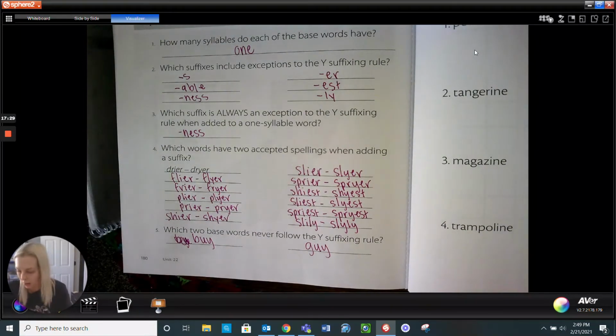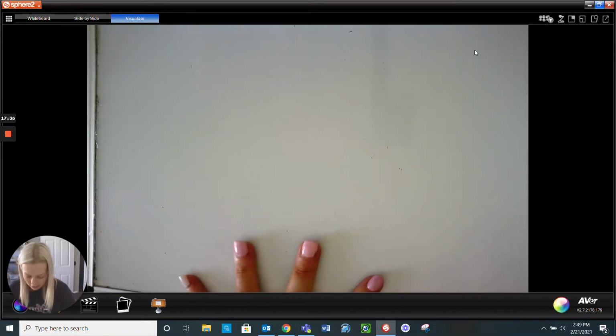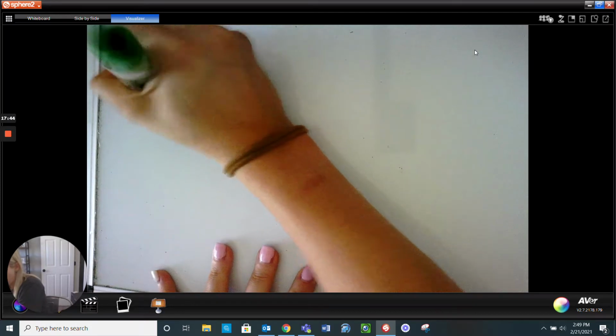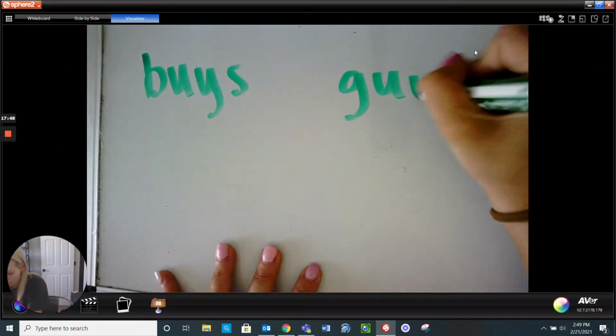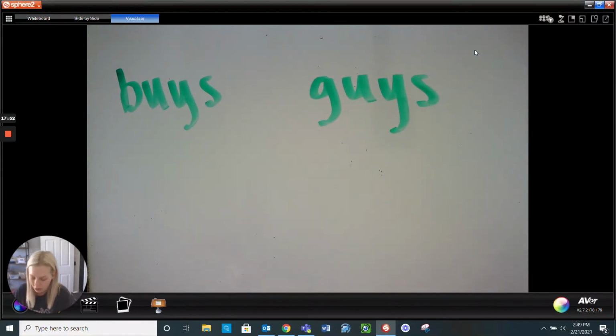Let me get out my whiteboard real quick. All right, let's take a look at buy and guys. Buys and guys. What do you notice about these 2 words?